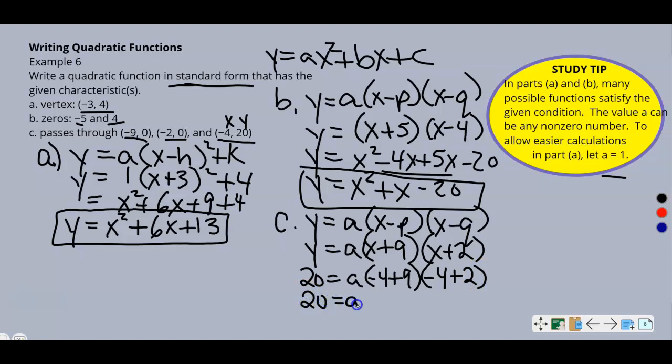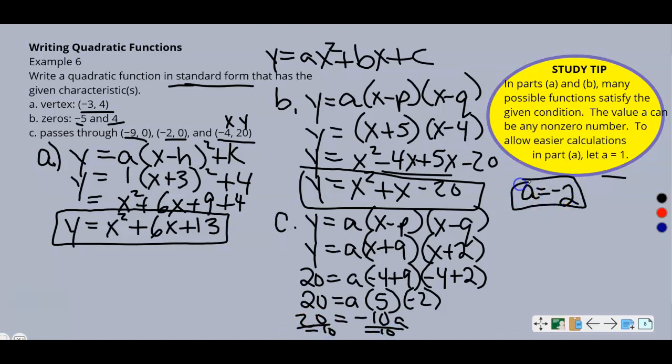So 20 = a(-4 + 9)(-4 + 2). So that's going to be -10a. Divide by -10. a equals -2.